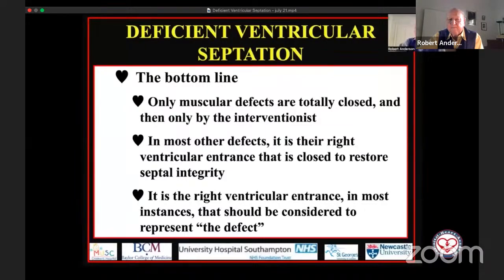But what I hope we've been able to show you is that using that is not logical, because the area that is closed by the surgeon, the right ventricular entrance, is the space that in tetralogy of Fallot, perimembranous defect, is the space that you will call the ventricular septal defect. So thank you all for your attention, and I hope now we've put everything together.